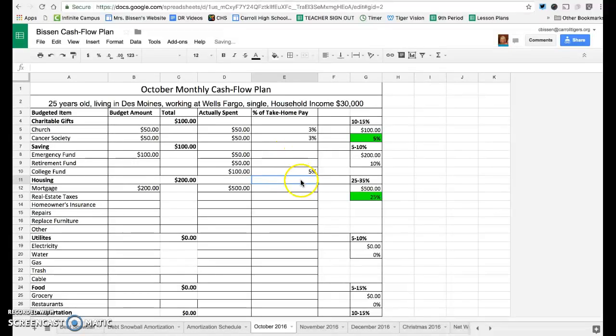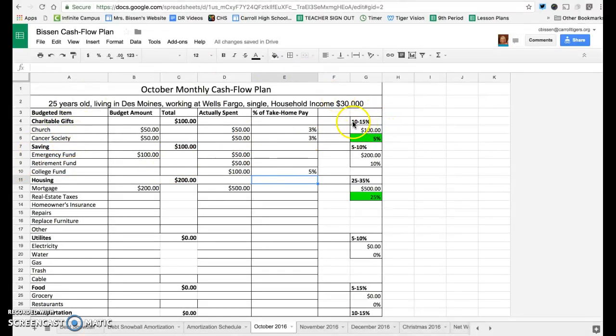And you can see what percentage of their take-home pay they are. So you can tell them if you have 30% of your take-home pay on eating out, that probably doesn't make sense, right? But if you only have 1% to giving, that doesn't really make sense either.